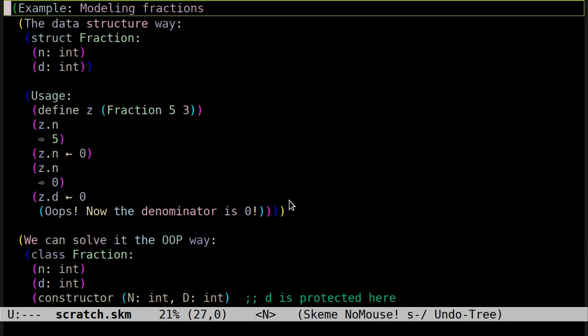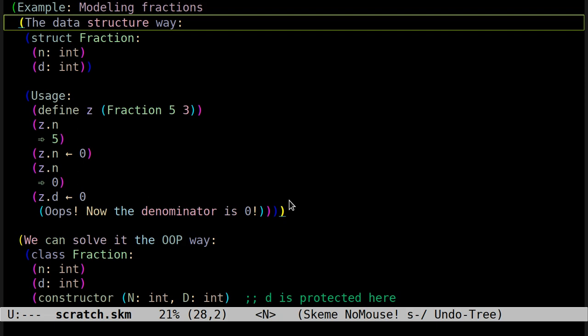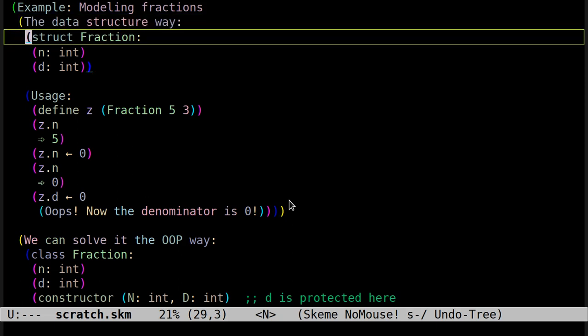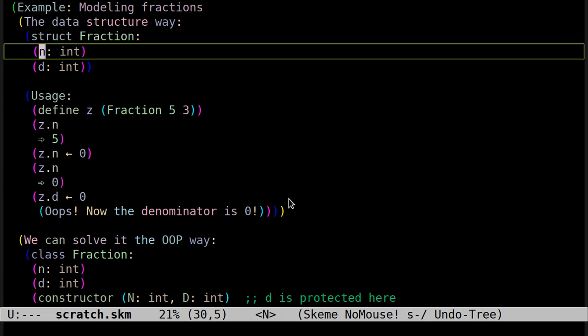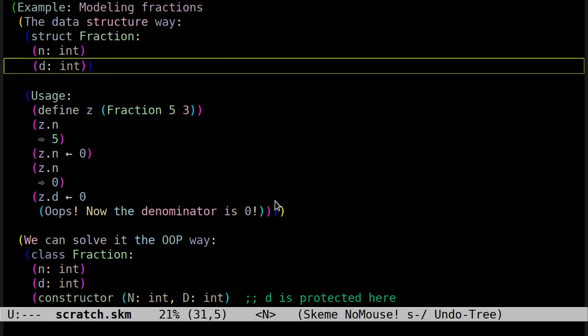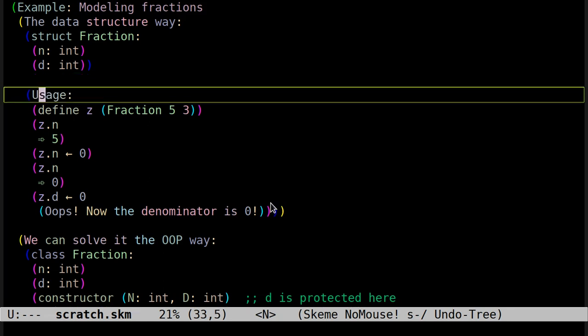One example is the modeling of fractions. In the data structure way, you do this. You set up a simple structure like Fraction. You have the numerator n and the denominator d.